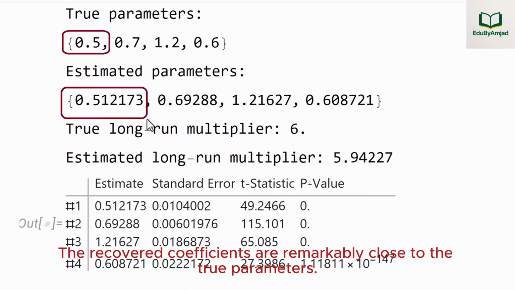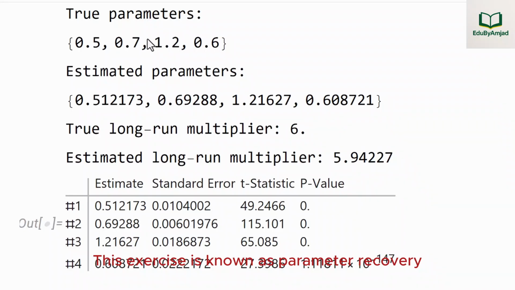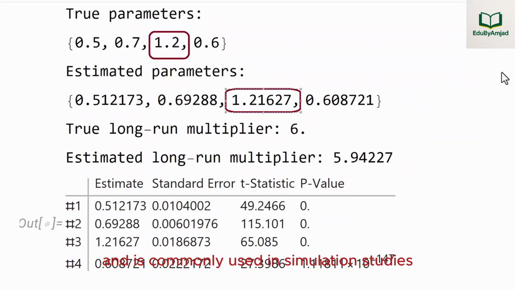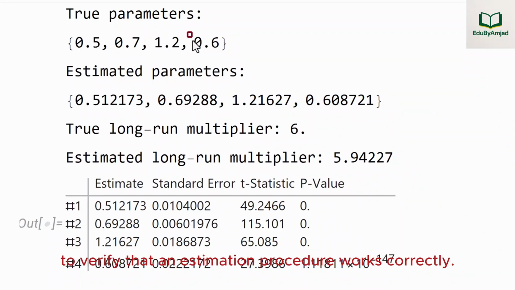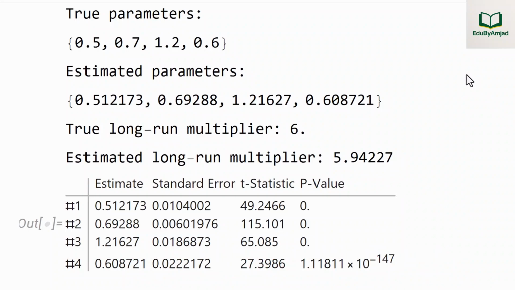The recovered coefficients are remarkably close to the true parameters. This exercise is known as parameter recovery and is commonly used in simulation studies to verify that an estimation procedure works correctly. This demonstrates that with a sufficiently large sample, OLS estimation can accurately recover the underlying ARDL structure.